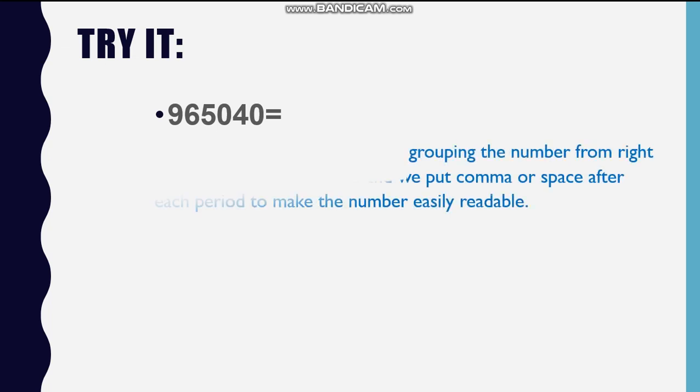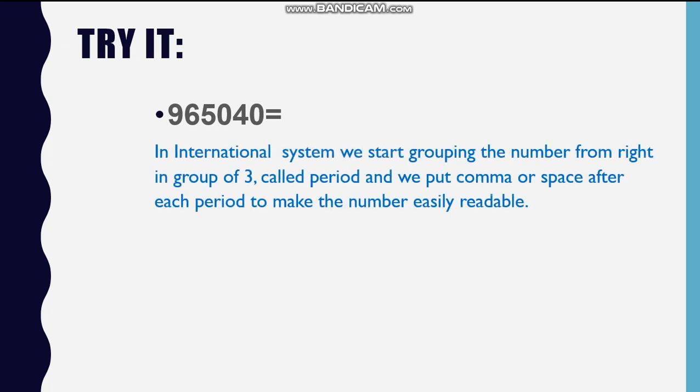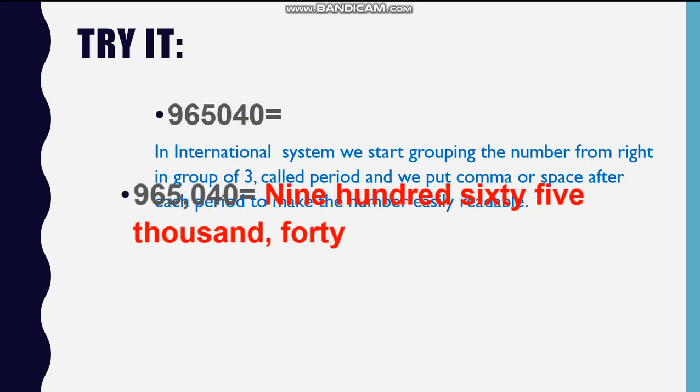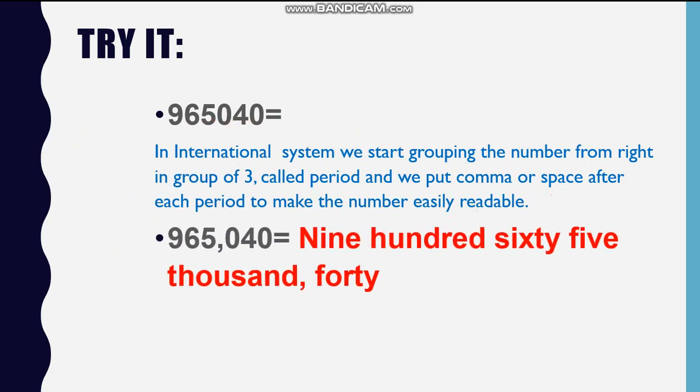In the international system, we start grouping the number from the right in groups of 3. That is called a period. We put a comma or space after each period to make the number easily readable. So I have written 3 groups: 040, comma, 965. You have to start from the right.